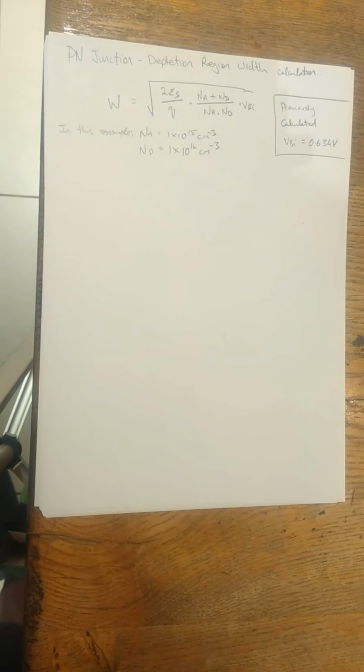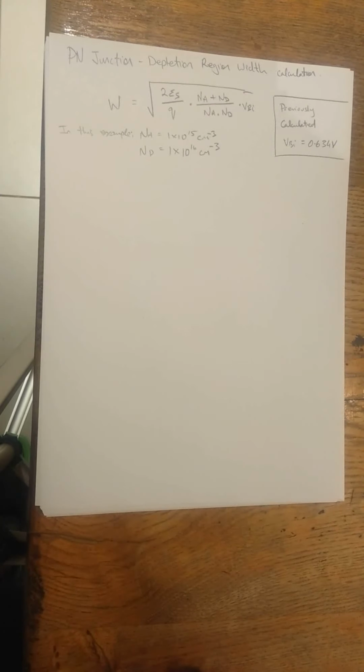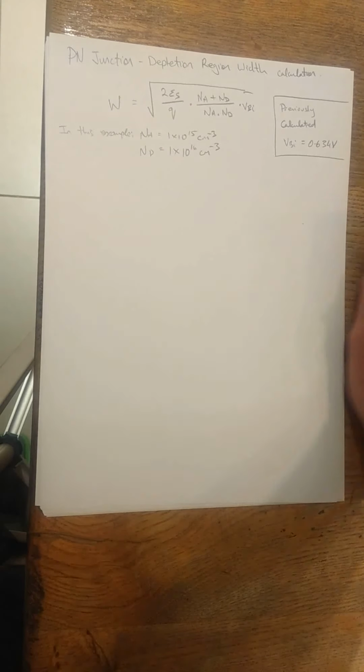Now, the other thing in this equation that maybe we haven't come across before is epsilon s, which is the permittivity of silicon. The permittivity is basically the measurement of how well an electric field can be built across the material. You may have come across this before when calculating the capacitance of a parallel plate capacitor.